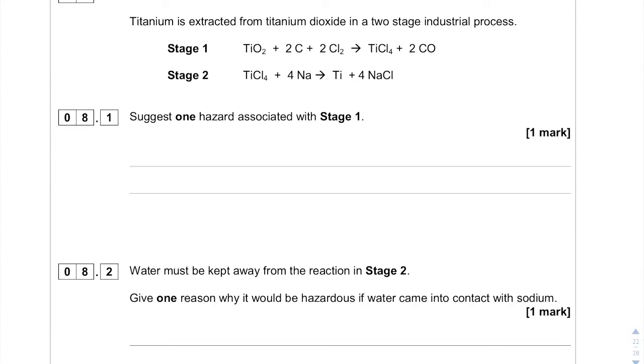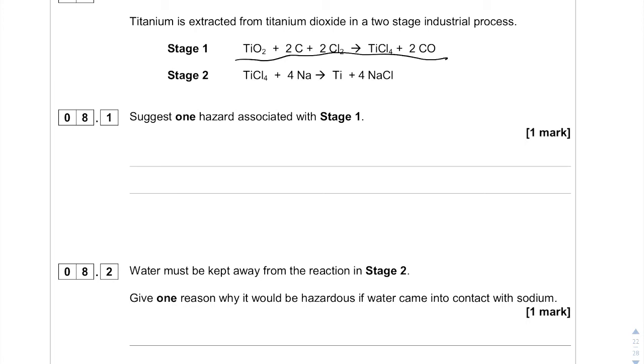Now question 8, we have titanium as a transition metal, suggest one hazard associated with stage 1. So there are many hazards. Number 1, using CO2 gas, which is toxic.